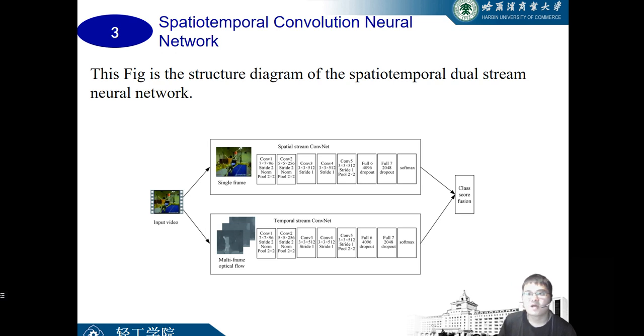And the other is in time dimension, which processes the optional flow picture generated by the optional picture information of continuous video frames. The during flow natural network structure adopts VGG60 network.